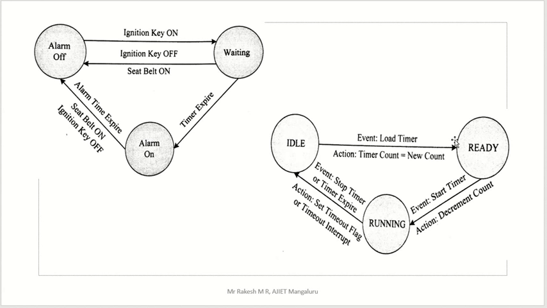Till here the timer won't start, the timer will start here. And decrement counter, decrement your count of the time, and when it reaches 0 suddenly your alarm will go on, and that alarm will go off when the timer stops, then the alarm is off.